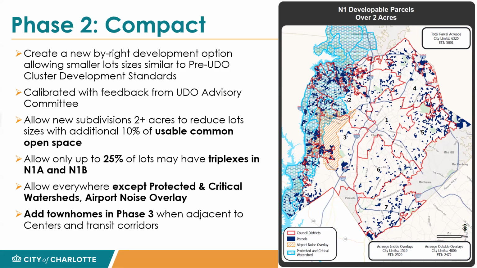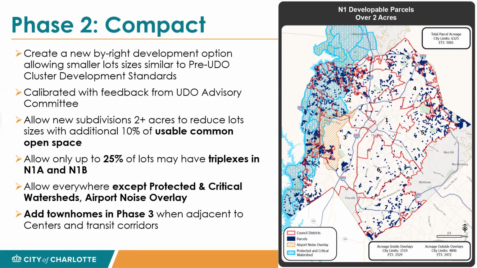We are proposing that only up to 25% of lots may have triplexes on them in N1A and N1B. Lots is the way that we think it's best to regulate this. That really averages out to about 28%-ish of total units. It depends on how big a site is, honestly.